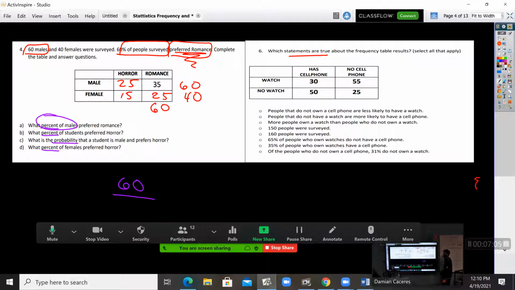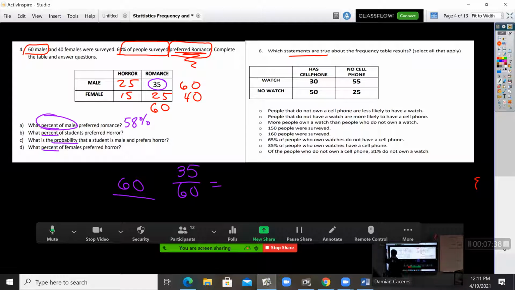Now, of those males, how many preferred romance? 35. So now we're going to do 35 divided by 60. Whatever you get, move the decimal twice, and that's your answer. That is the percentage. So 35 divided by 60, 58%. Any questions on part A?